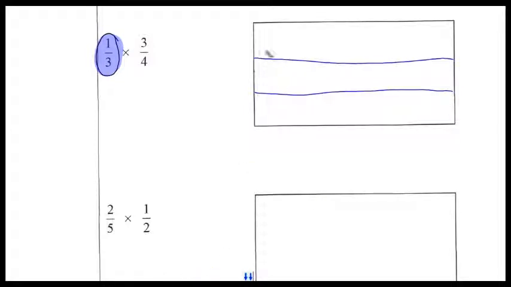So I'm going to go here and I'm going to shade it. The other one is the same idea, and if it has 4 parts, that means I need 4 parts.